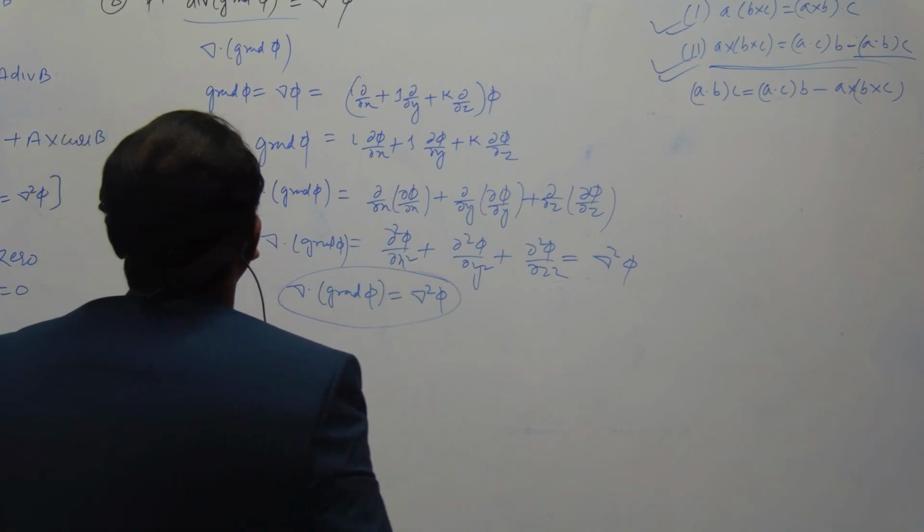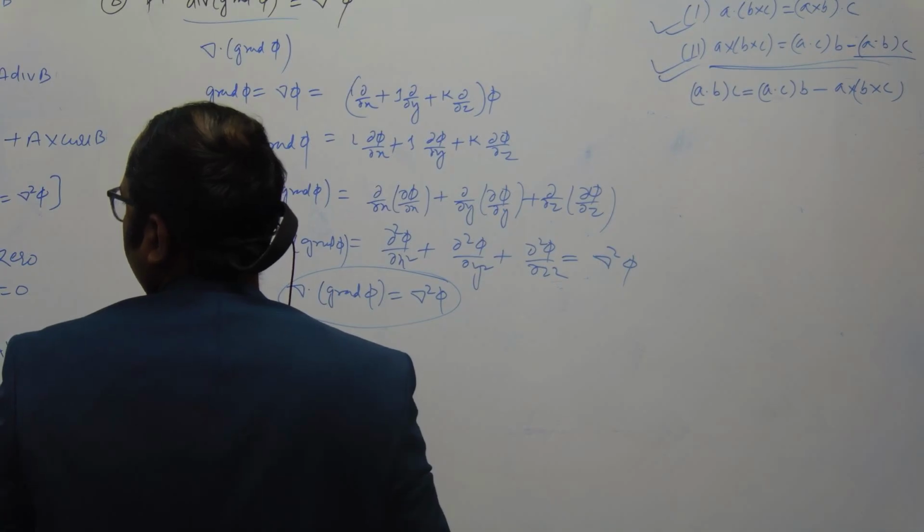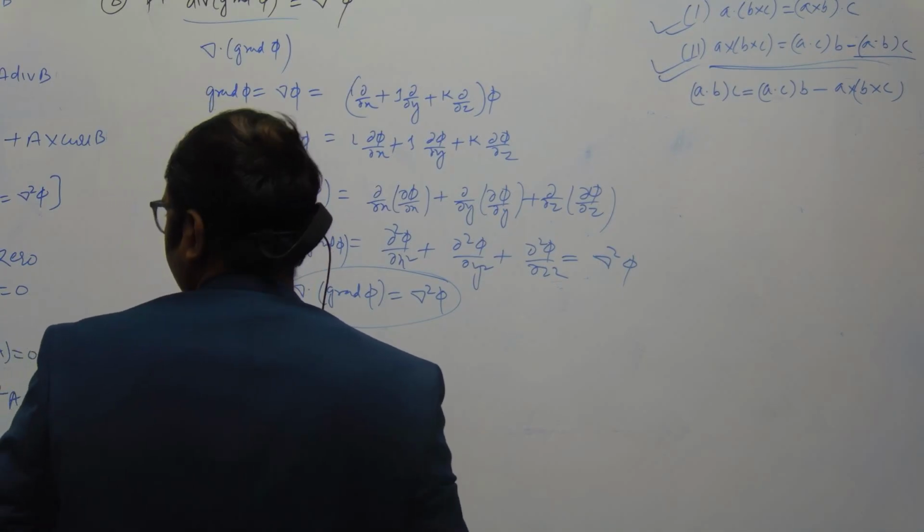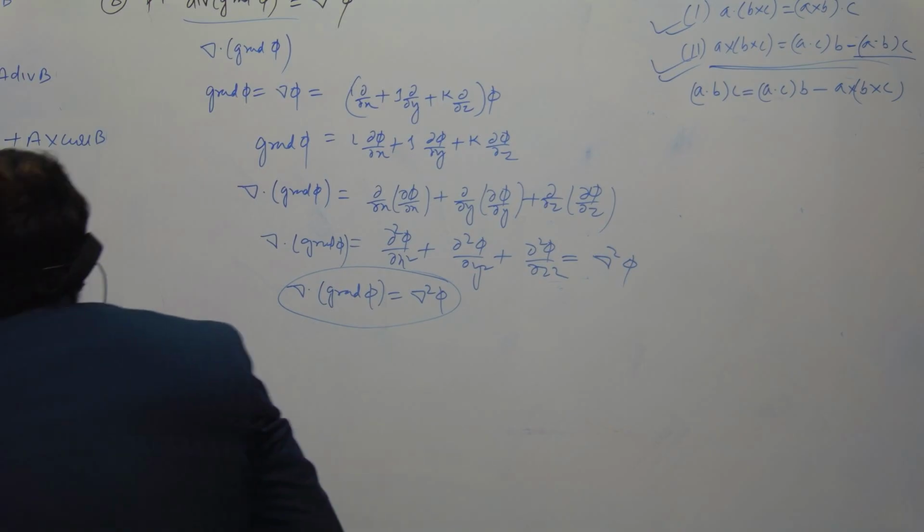Okay, let us discuss question number 9. Prove that curl of gradient of phi is 0. How we can solve this?